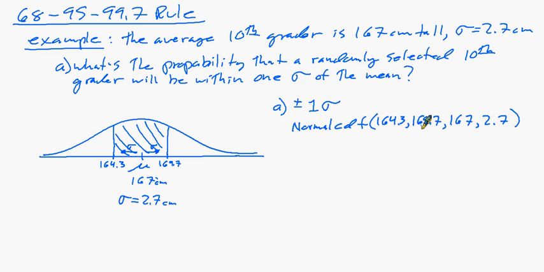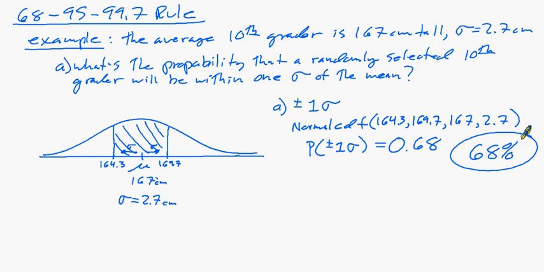Which would be something like this: lower bound, upper bound, mean, standard deviation. The probability of plus or minus 1 standard deviation, 68%. Now remember, way back in the day when we were first doing standard deviation, I mentioned that it captures about 68% of the data. Well, this is where that number comes from.